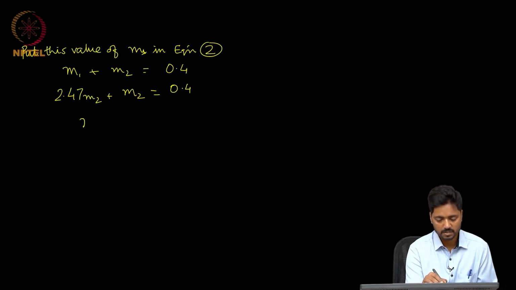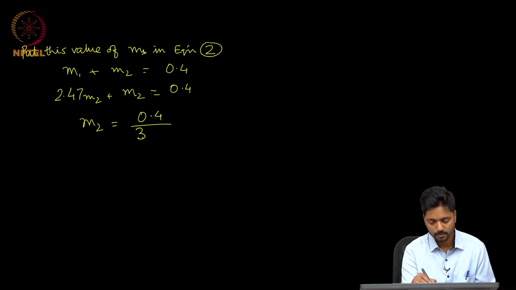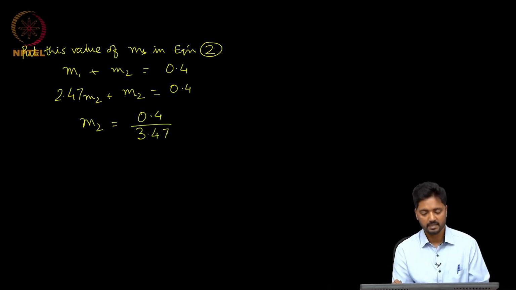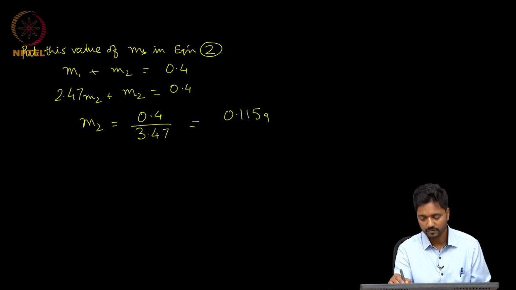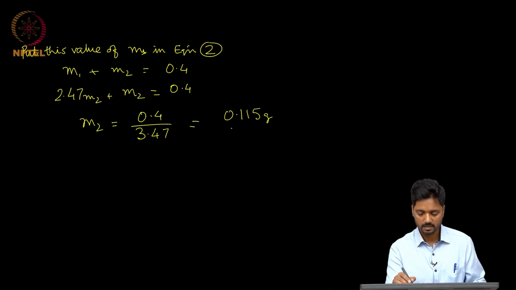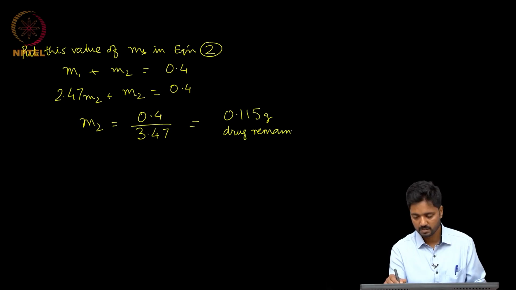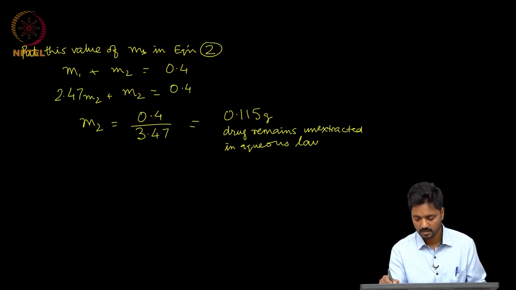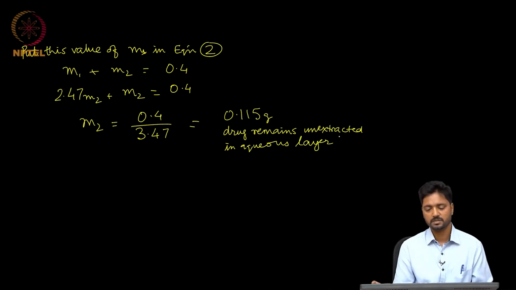This solves M2 as 0.4 divided by 3.47, which turns out to be 0.115 grams. So, this much drug remains unextracted in the aqueous layer.